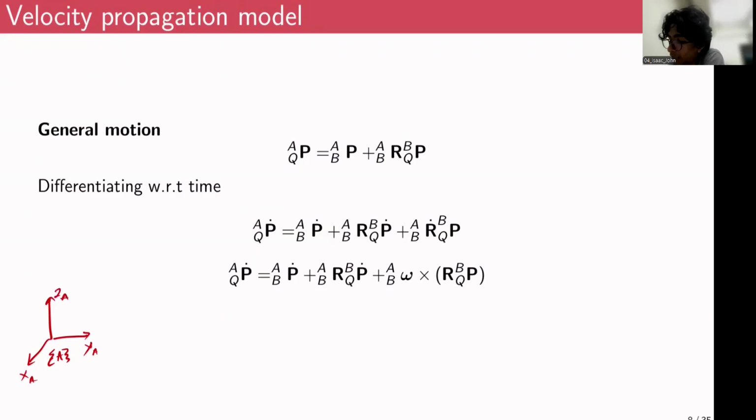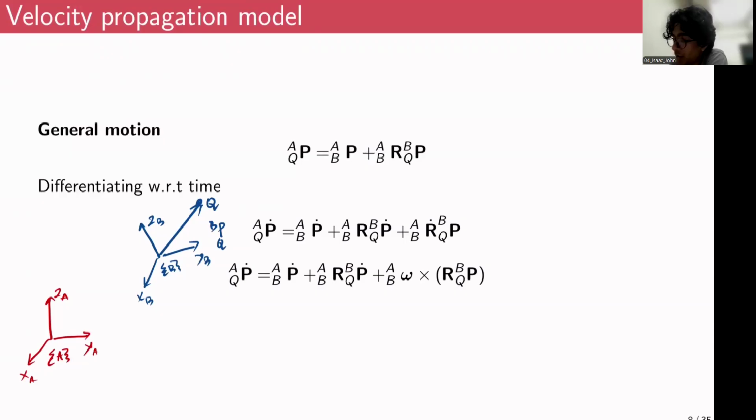And consider we have a rotating frame of reference. I'll name this frame B, and label the axes XB, YB, and ZB. And I have a point Q, which is referred with respect to frame B. So I'll label the position vector of point Q referred to B as the position vector of Q with respect to B.